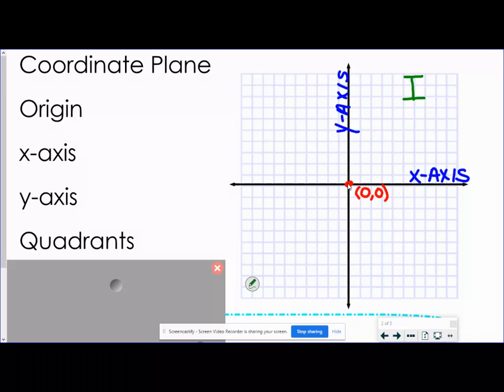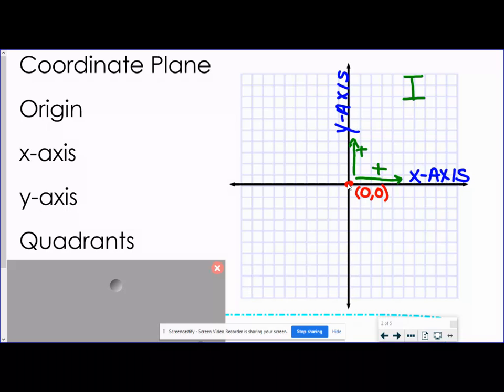The reason we use quadrant 1 there is because the x-axis and the y-axis are really just number lines. And on the right side of this number line, I would have positive numbers. Going to the left, I would have negative. On the y-axis, as I'm going up, those are going to be positive numbers also. So in quadrant 1, I have positive going this way and positive going this way. That's where we start with quadrant 1.